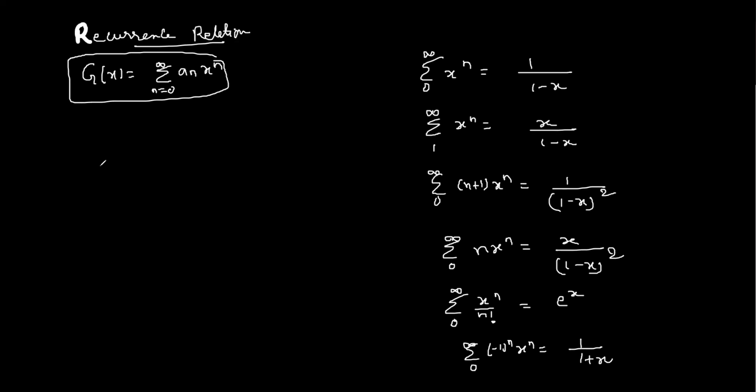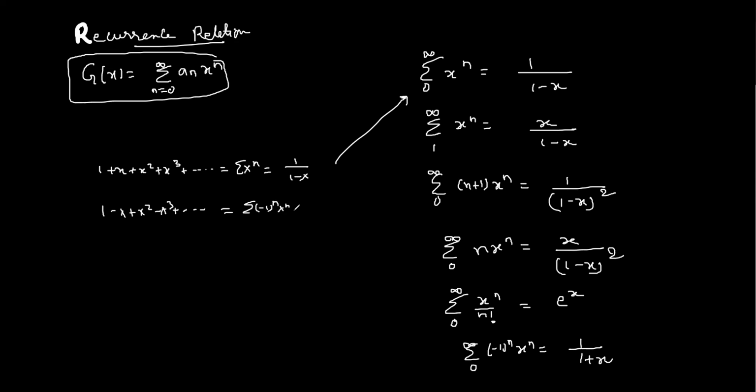For example, 1 plus x square plus x cube, you can write this as sigma x^n. But if you write it with alternate sign change, this is the first formula. Last one, 1 upon 1 plus x. Note this formula.